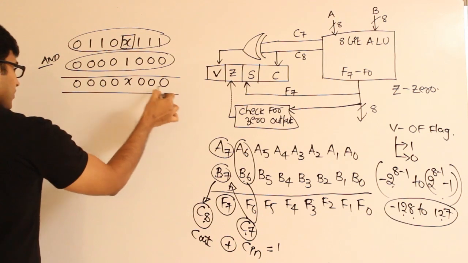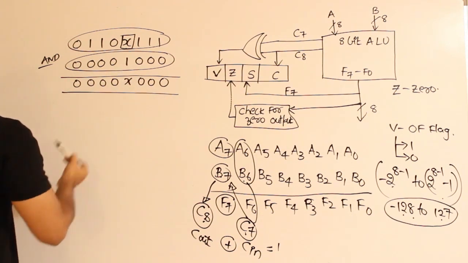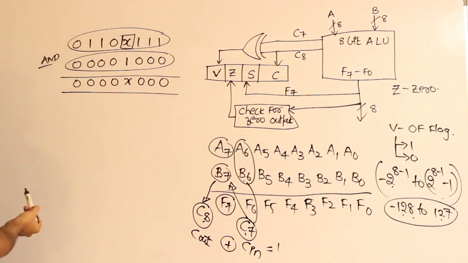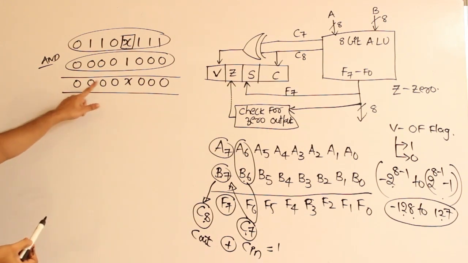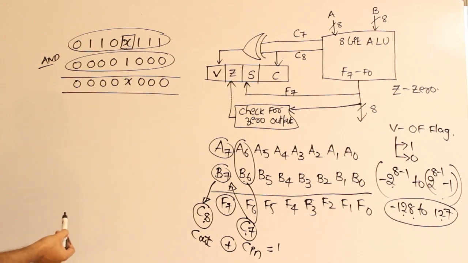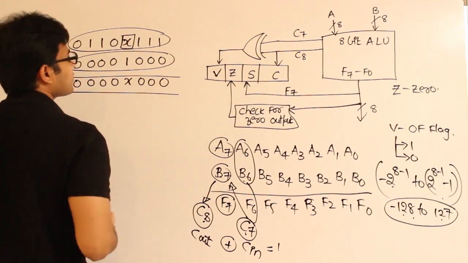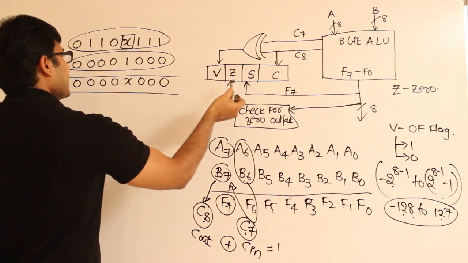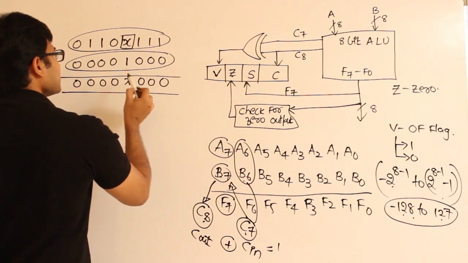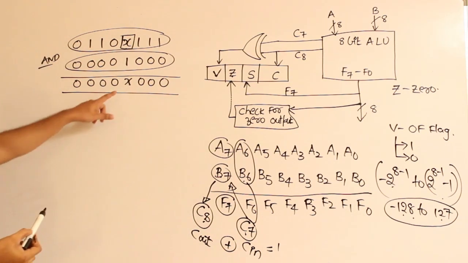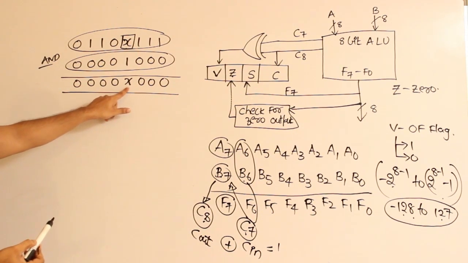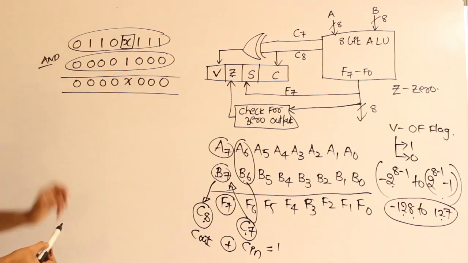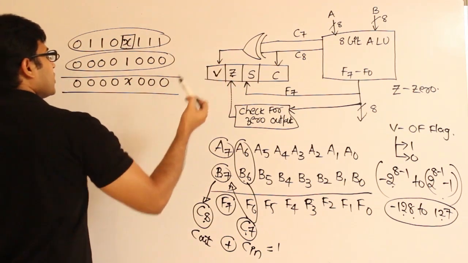Now if the original X is 0, then the entire pattern is going to be 0 and the zero flag is going to be set. Therefore, the zero flag can be used to decide whether this bit is 0 or 1. In case this bit happens to be 1, the result is not 0, therefore the zero flag will not be set.